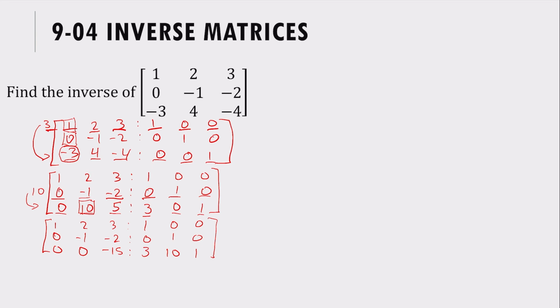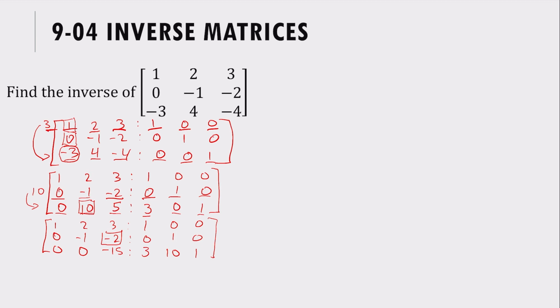All right. Now, that's going down. Let's consider working our way back up. So let's turn that into a 0. Well, this one might actually take some multiplying of 2 parts.